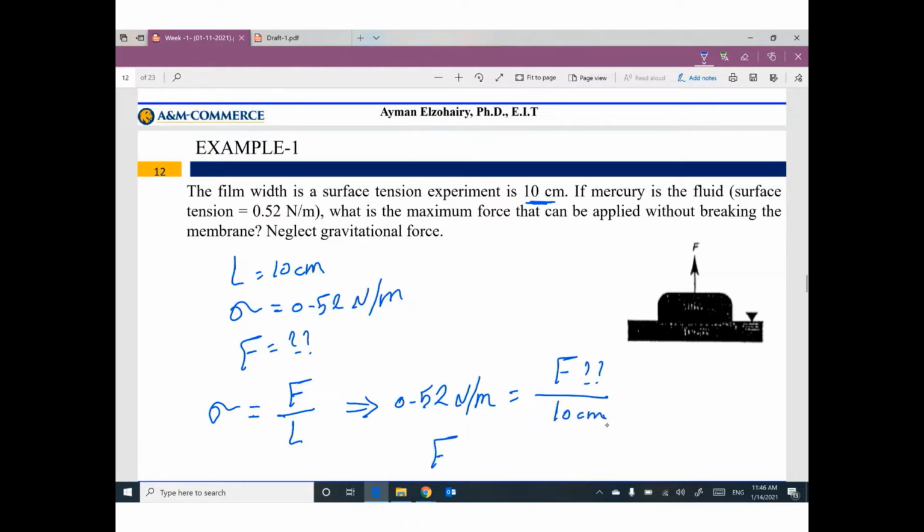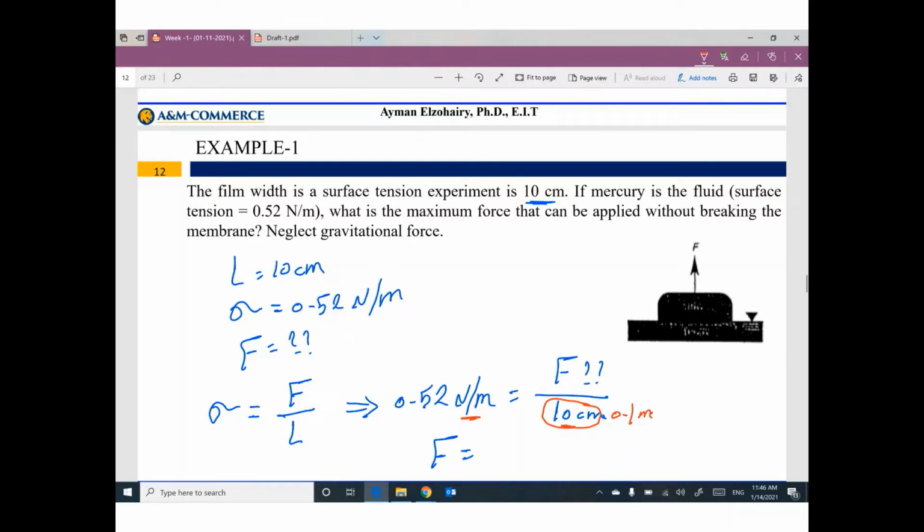You can figure out the value of F, but make sure your units are consistent. This term is Newton per meter. This term is 10 centimeters. We need to convert one to the other, meter to centimeter or centimeter to meter. I'm going to convert 10 centimeters to 0.1 meter.